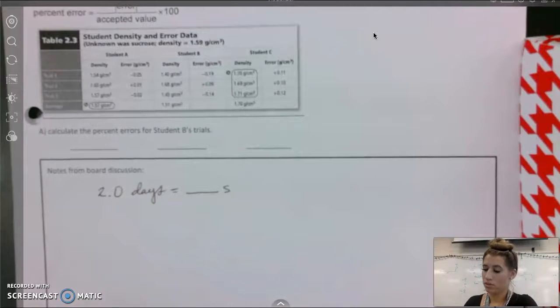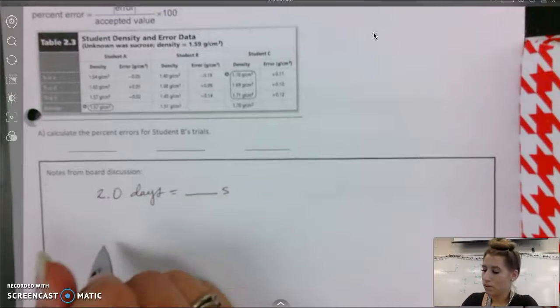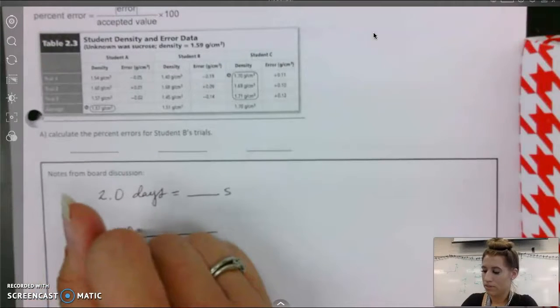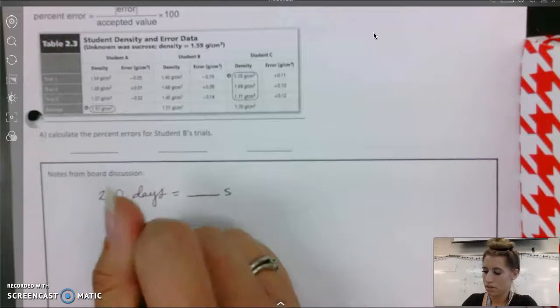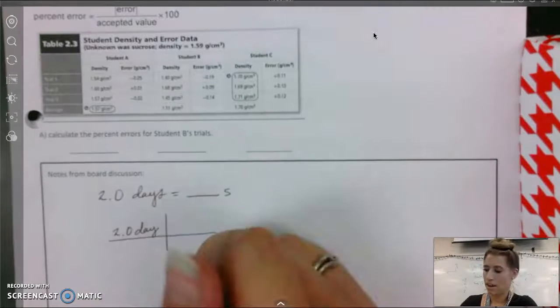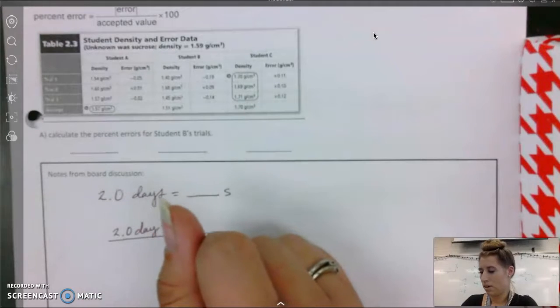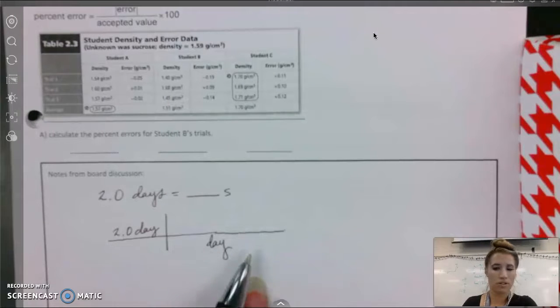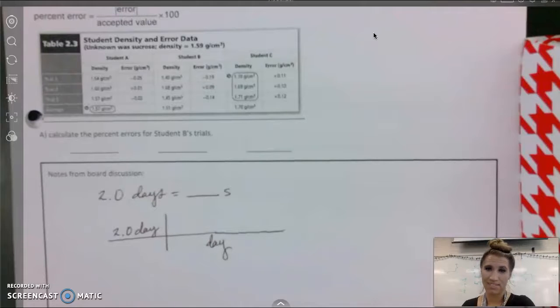So let me get you started. We're going to lay out our goalposts. We have 2 days that we're starting with. We're going to put day on the bottom so that it cancels. But then what conversion factors are we going to need to get to seconds? Hit pause, give that a go, and then come back and see how you did.